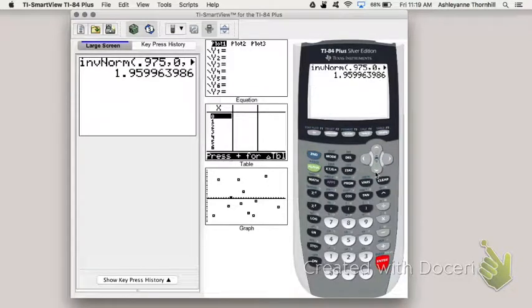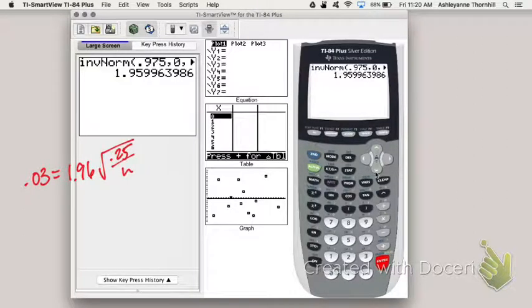Keep this decimal. Even though it rounds to 1.96, I want to keep it because it's going to make a difference when I am finding the sample size.